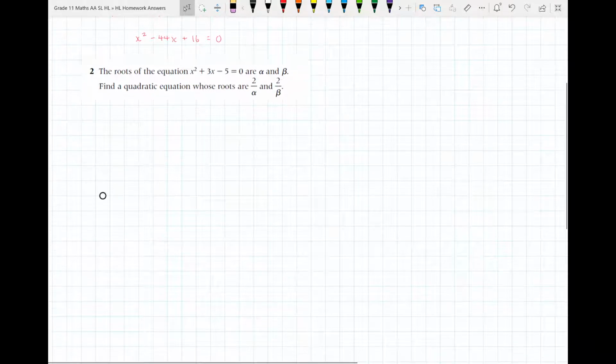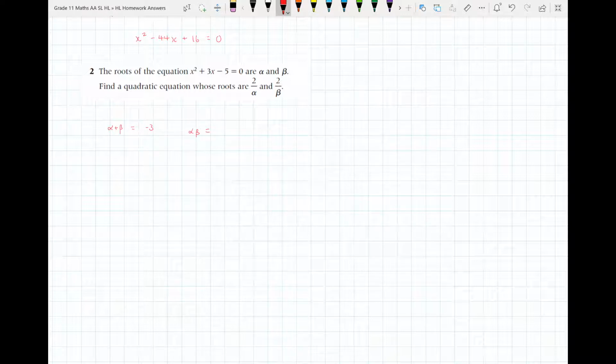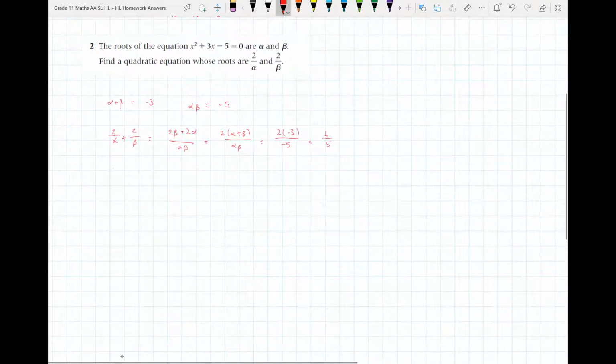Second question. So the original sum and products are as follows. And the new sum is this.